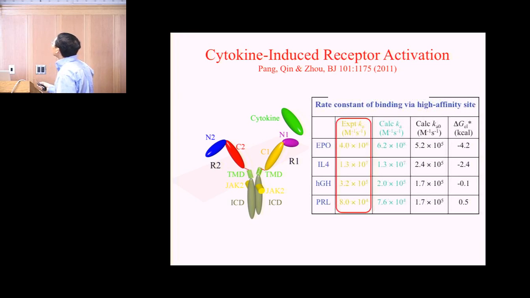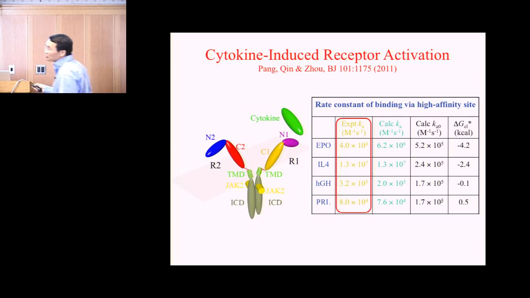We looked at experimental data for the binding rate constants of four different cytokines: erythropoietin, interleukin 4, human growth hormone, and prolactin.